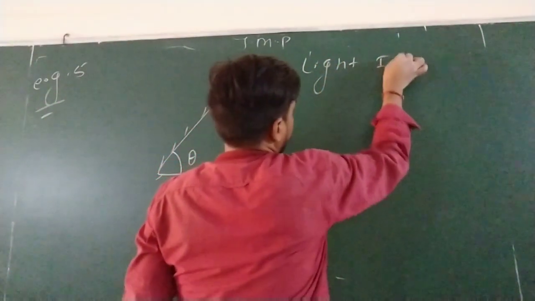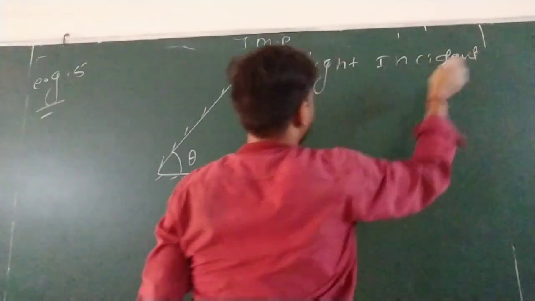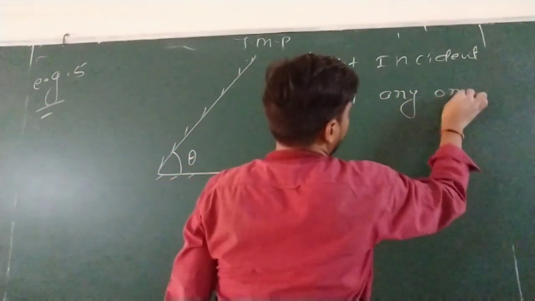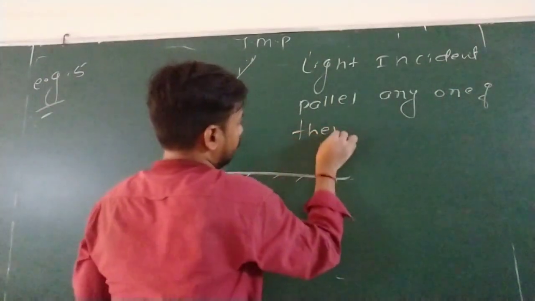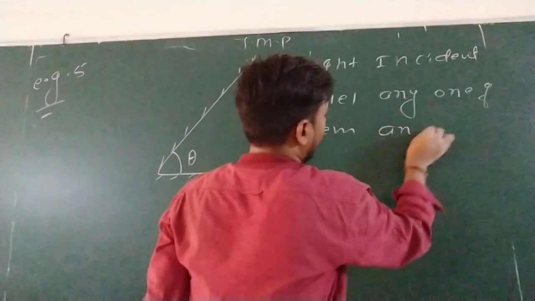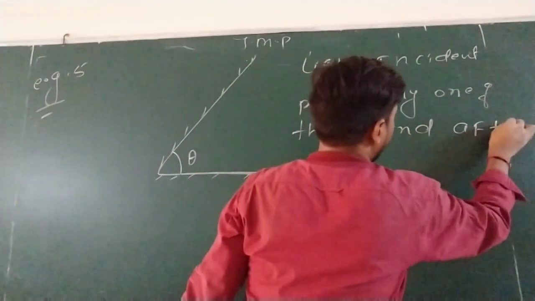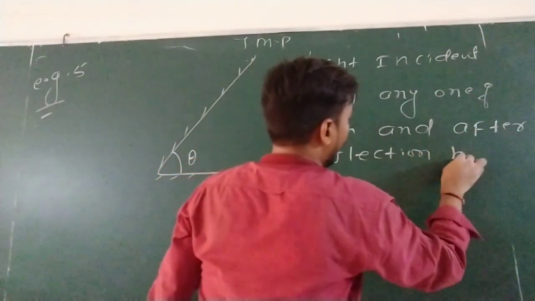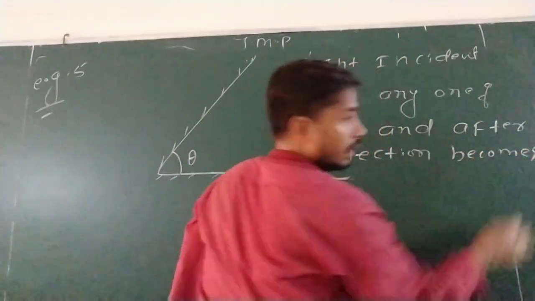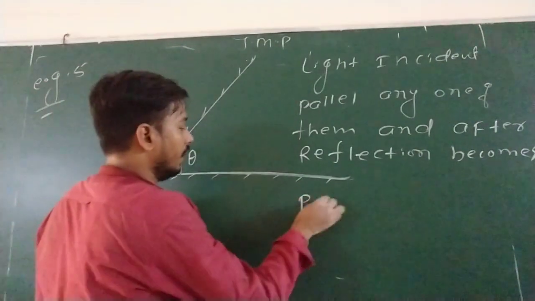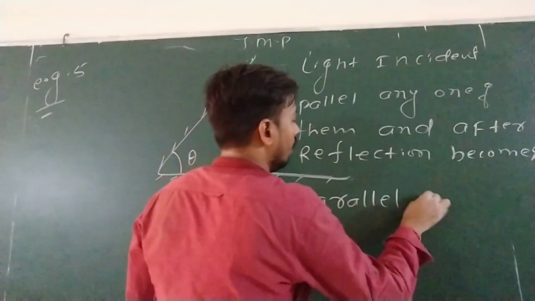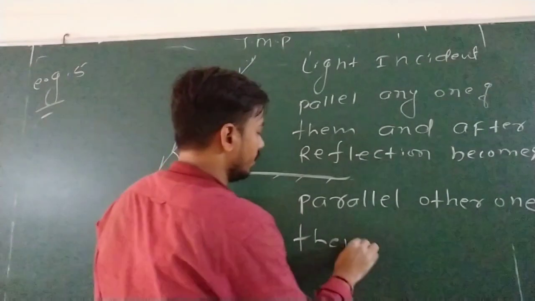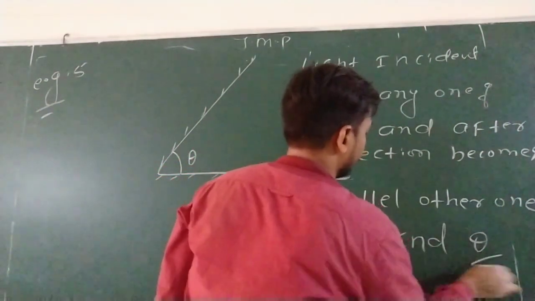Light incident parallel to any one of them, and after reflection becomes parallel to the other one, then find theta.